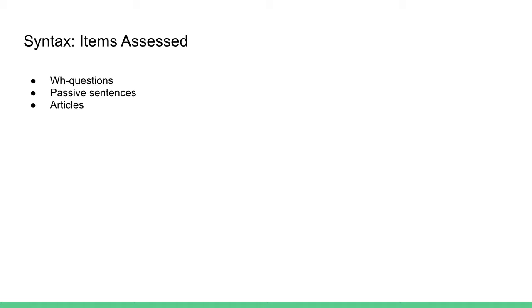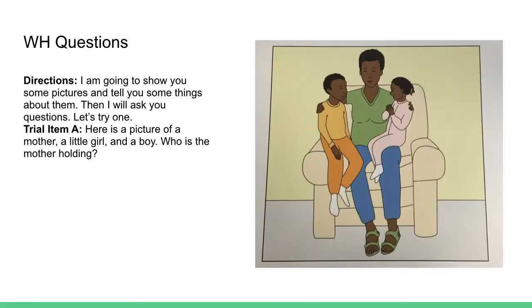The syntax domain assesses WH questions, passive sentences, and articles. The WH question section is designed to measure a child's understanding of complex WH questions. Directions and an example test item are included on the slide.